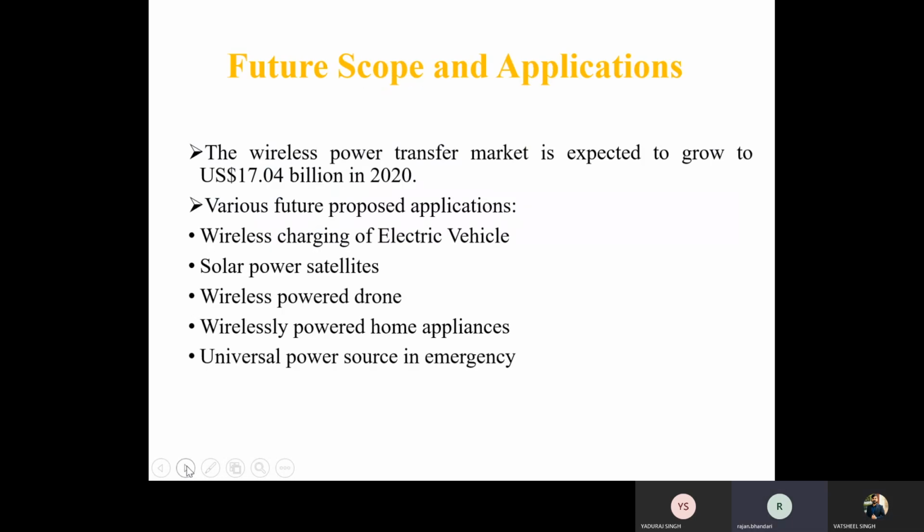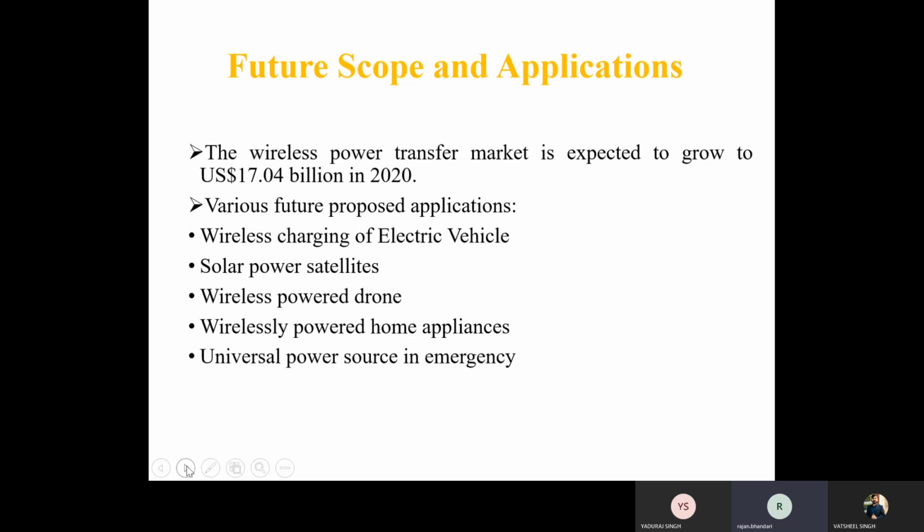Then the future scope and the application. The wireless power transfer market grew to $17.4 billion in 2020 because of great development and vast investment. A few proposed future applications are wireless charging of electric vehicles, in which the vehicle does not need to be connected to a charger. It just starts charging when it comes to the electric wireless charging pads.